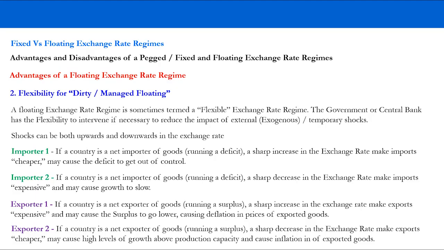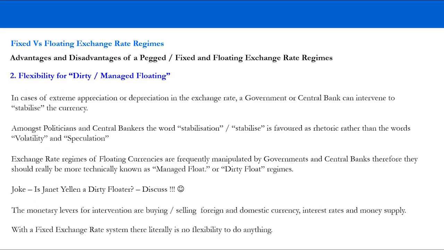But essentially, because these shocks can occur, the ability for central authorities to go into the foreign exchange market whenever they want can be advantageous because they can readjust the currency and they don't have to adhere to a strict and stringent rulebook.